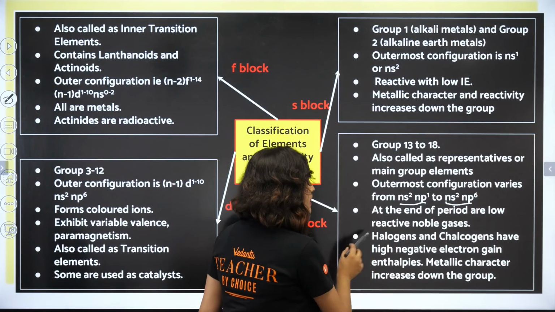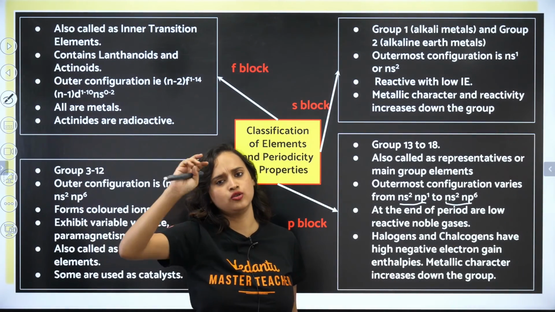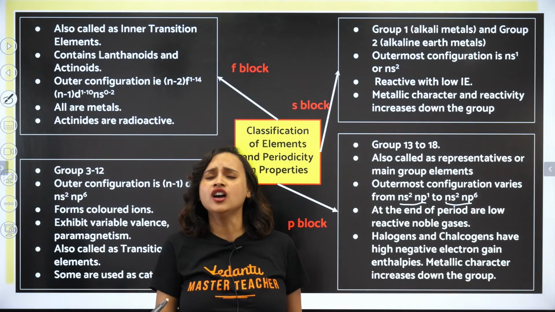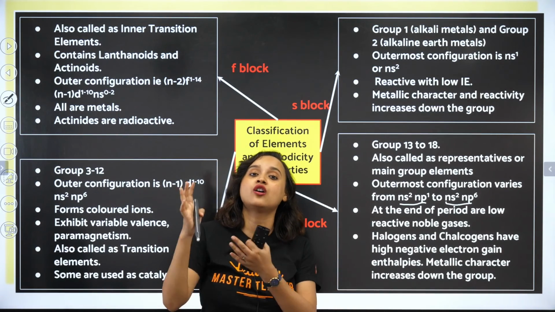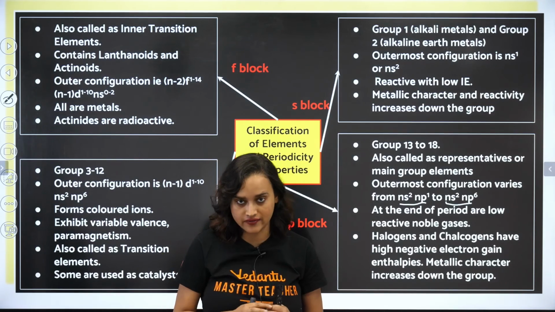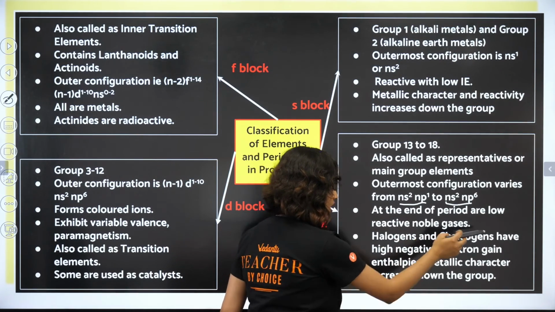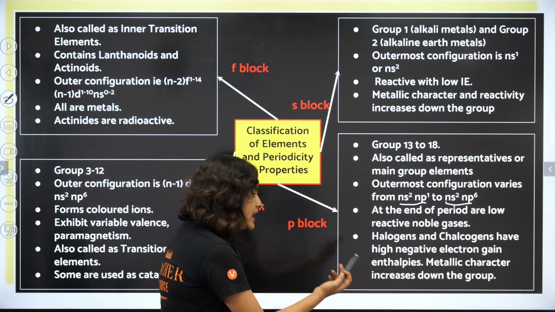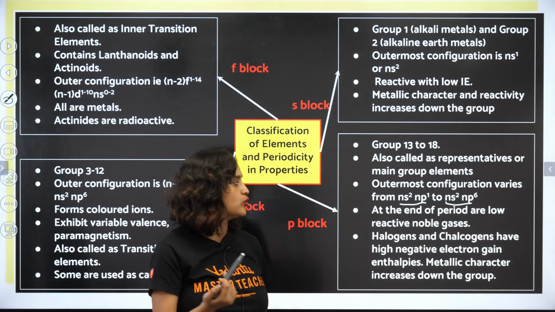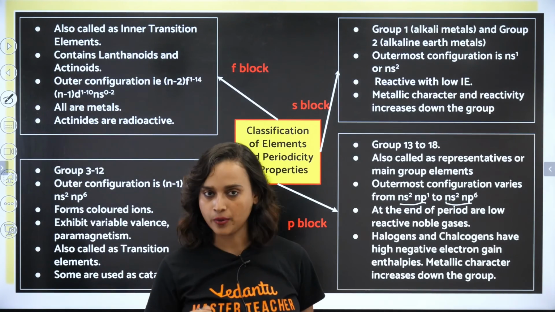At the end of the period, you have those low reactive noble gases. Why do they not want to react? Everybody knows that they have their octet configuration satisfied. However, the halogens and chalcogens have high negative electron gain enthalpies. Metallic character increases down the group.